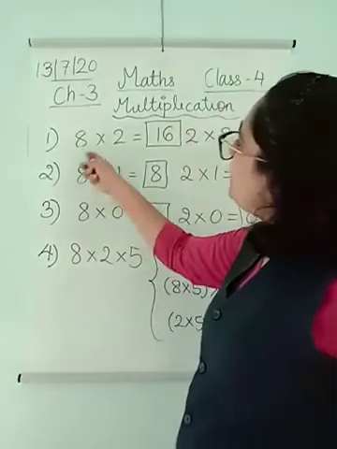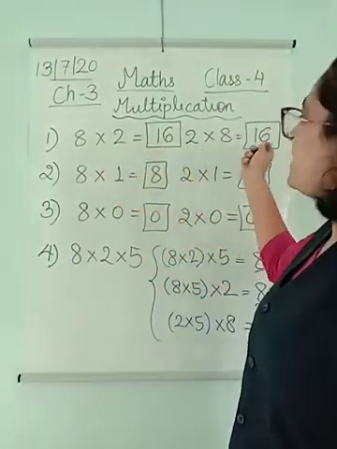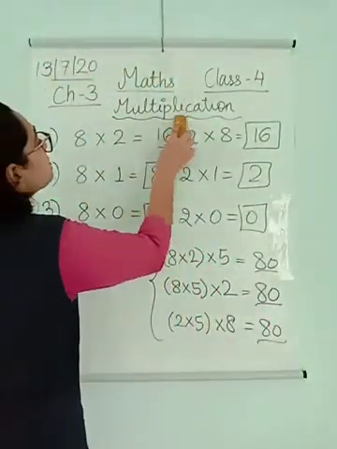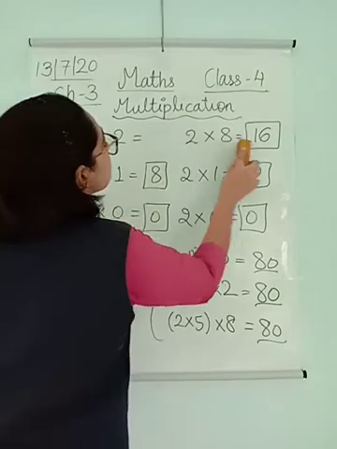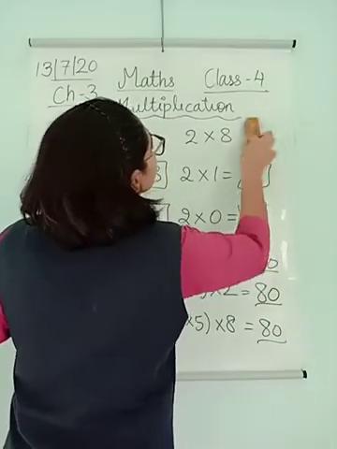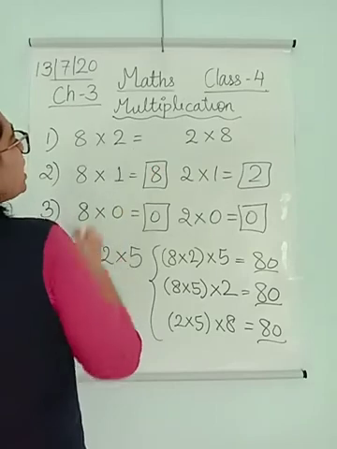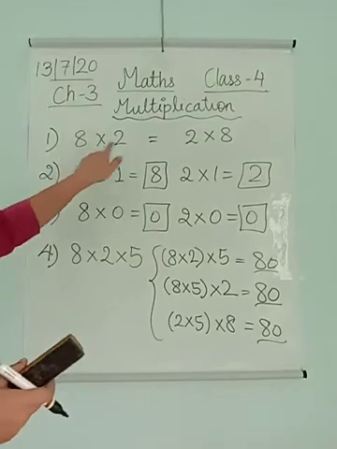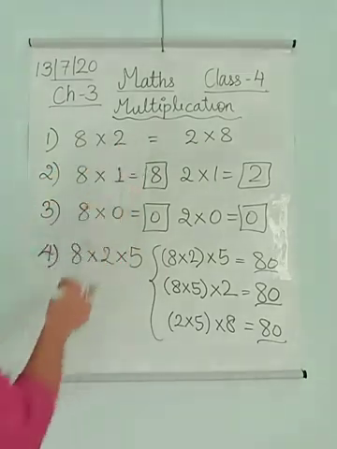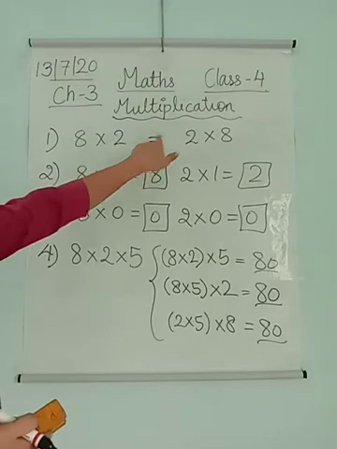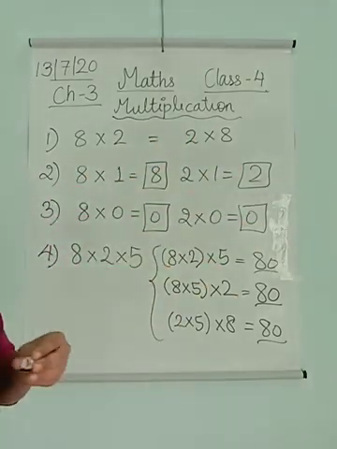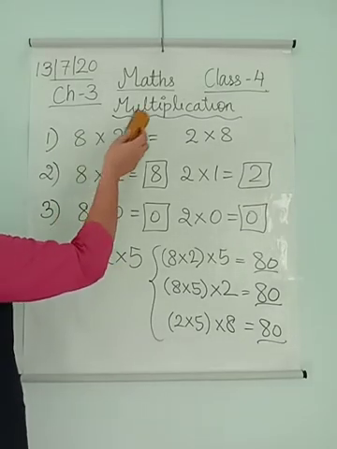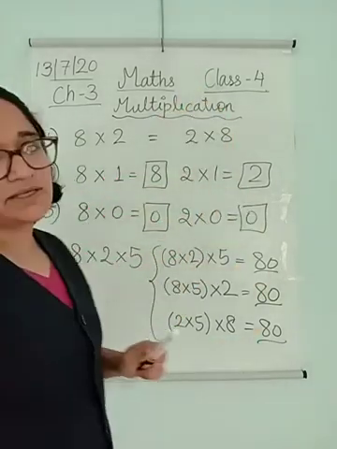I told you 8 twos is 16 and 2 eights is also 16, so 8 twos is equal to 2 eights. Same here, 65 into 34 is equal to 34 into 65.